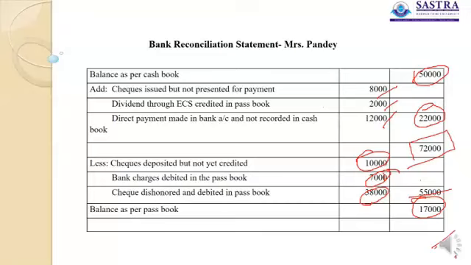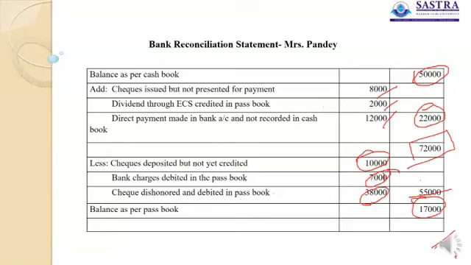Checks dishonored and debited in passbook. This may also be one kind of such transaction, as the dishonor will not be noticed until the last date comes for the preparation of the bank statement. Once they prepare the bank statement, they will send it to the customer.